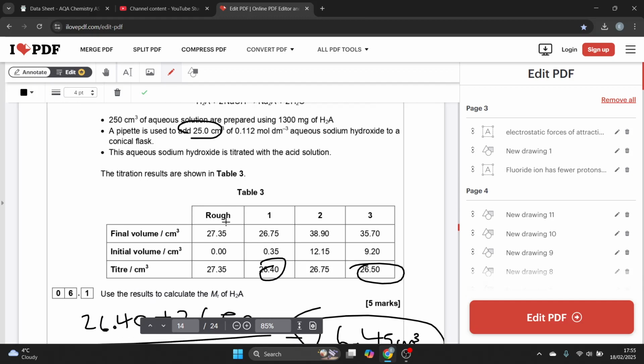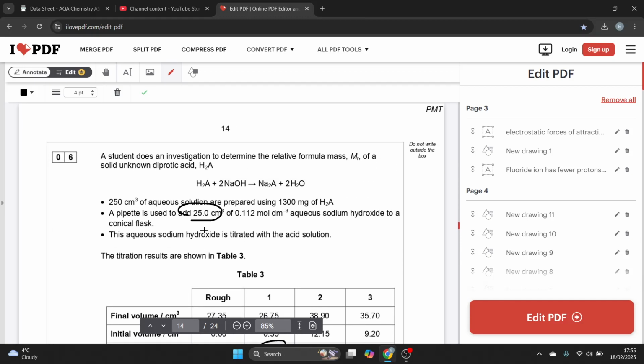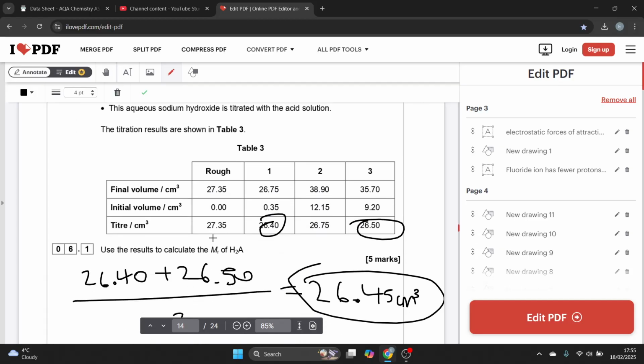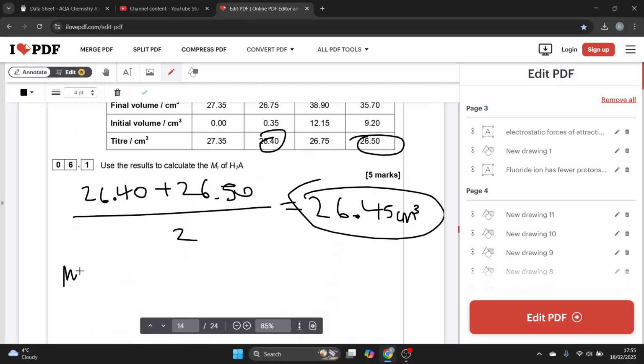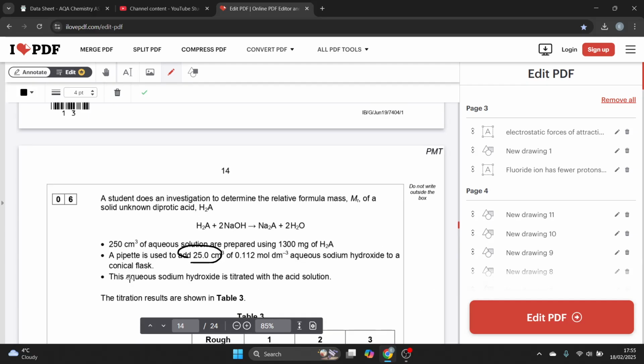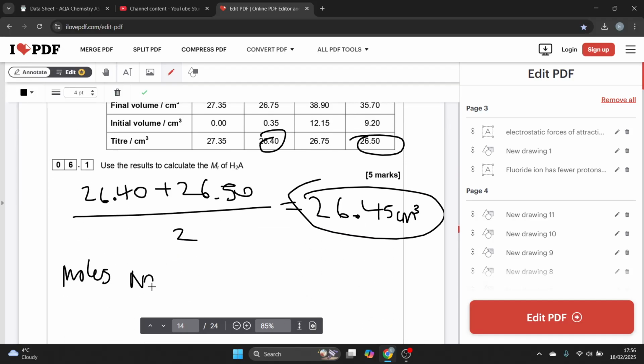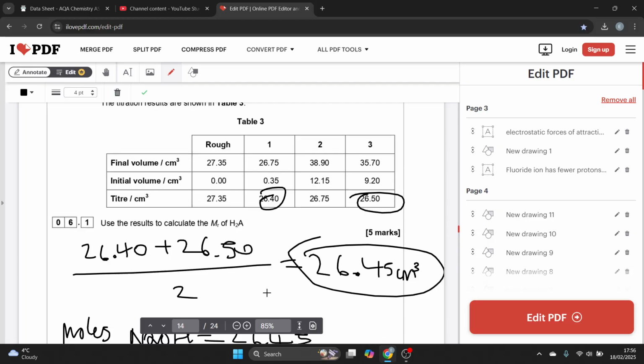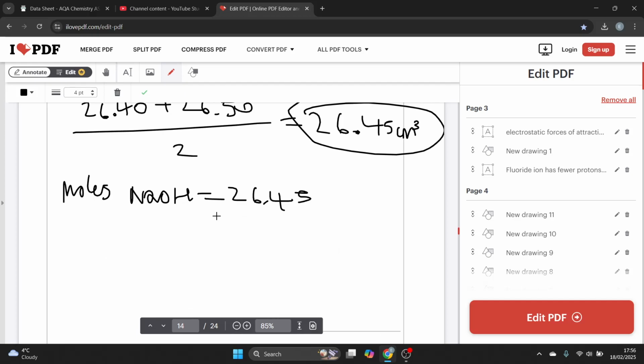So what I would do now is find out the moles of sodium hydroxide. Moles of sodium hydroxide, which is 26.45 divided by 1000 times 0.112.